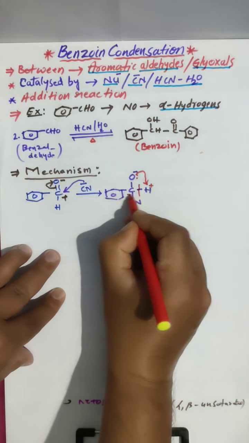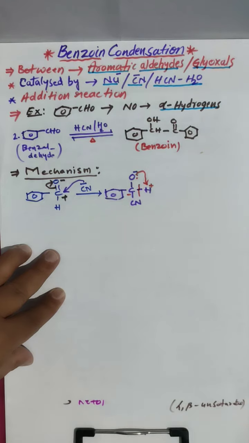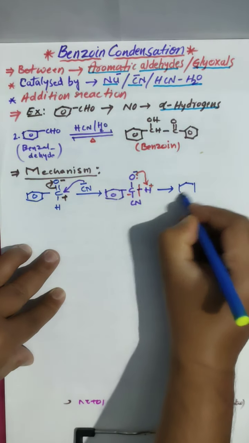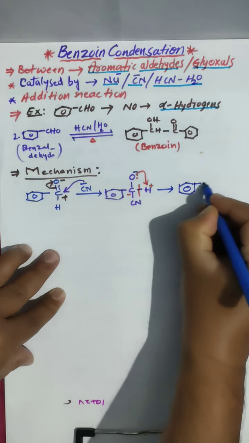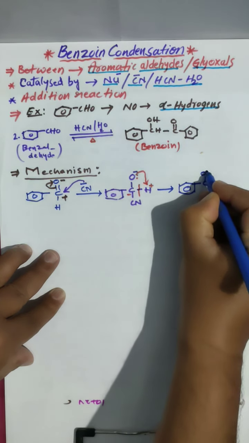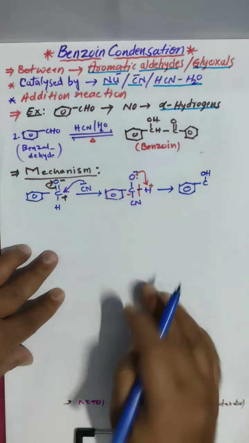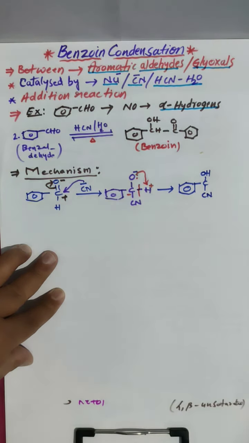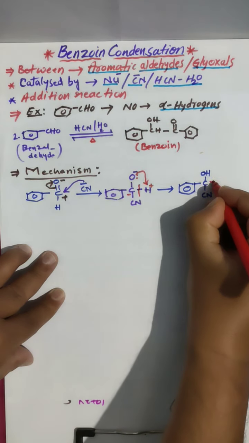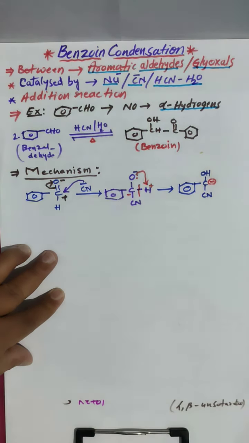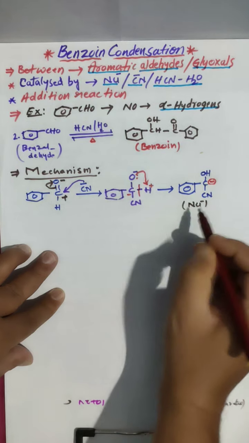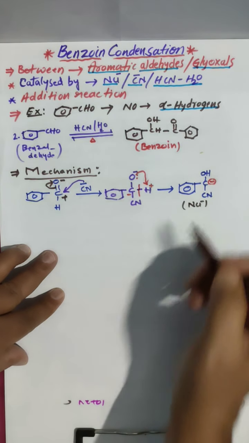Then this carbon gets a negative charge, giving rise to phenyl ring, C, OH, and here we have cyanide, and this carbon with negative charge now acts as a nucleophile. Look here, cyanide group with OH, cyanohydrin.